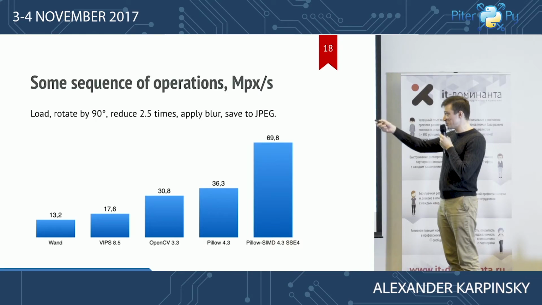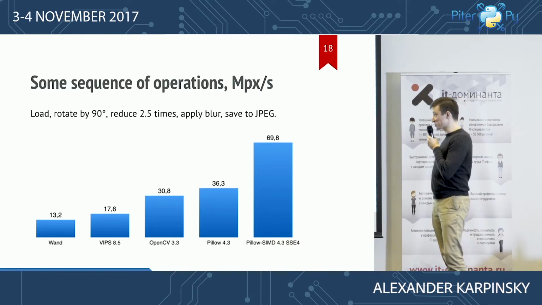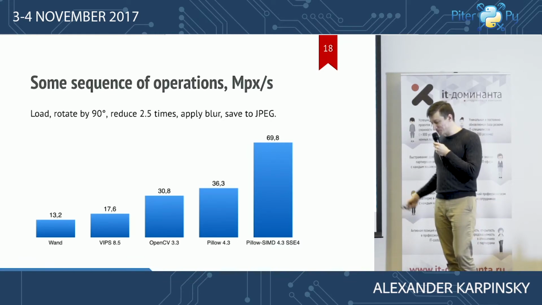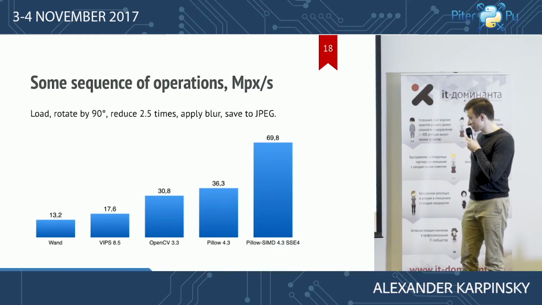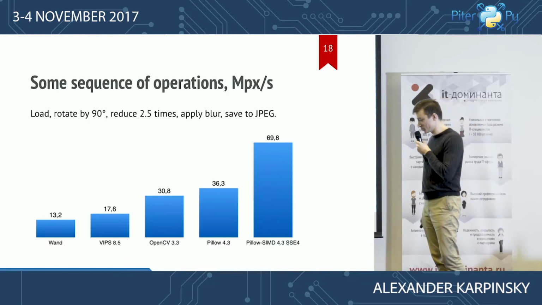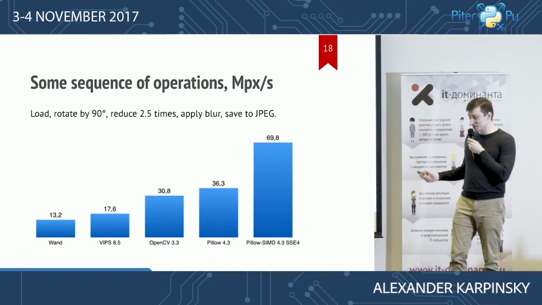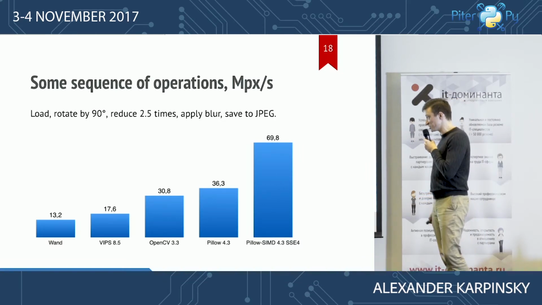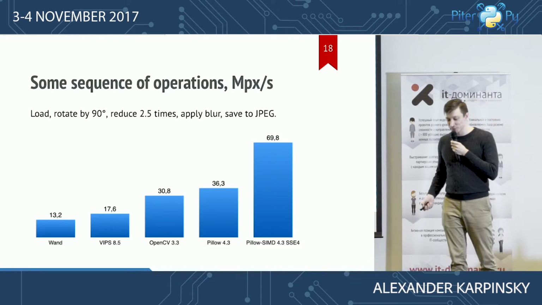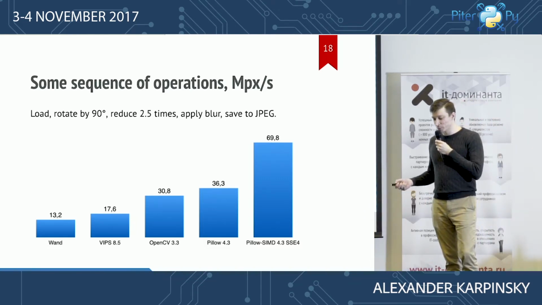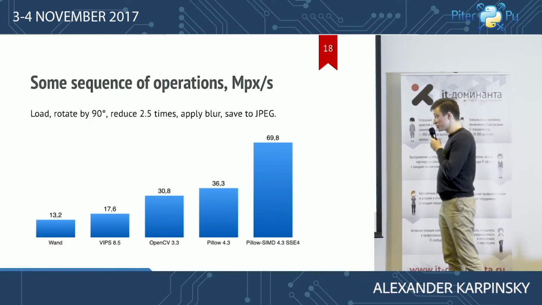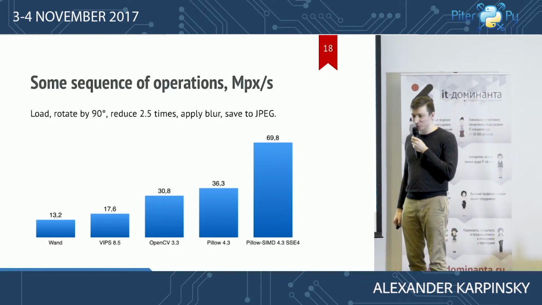Here I did the transactions that I need, including load, rotate by 90 degrees and so on. And the performance with Pillow SIMD is twice that of the original Pillow, but with OpenCV and VIPS, which should also run quite fast, their performance was even lower than with the original Pillow, which was quite strange.